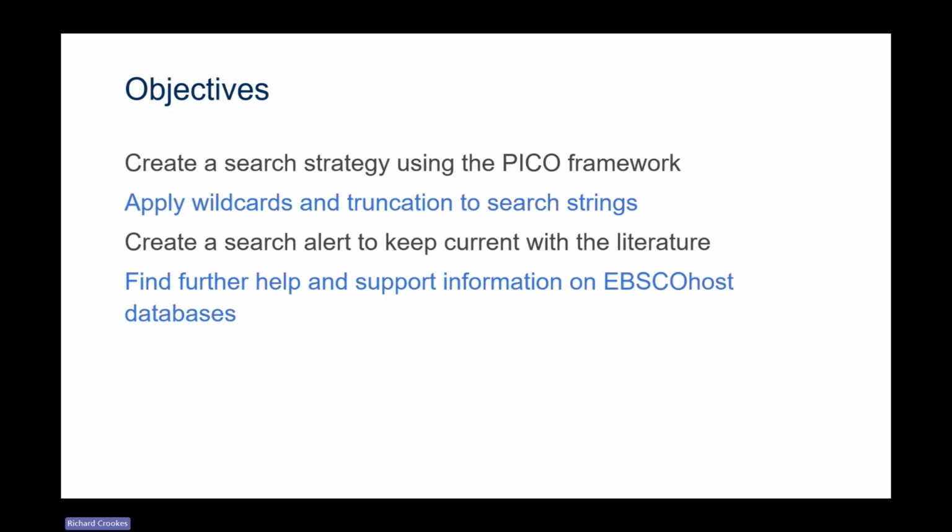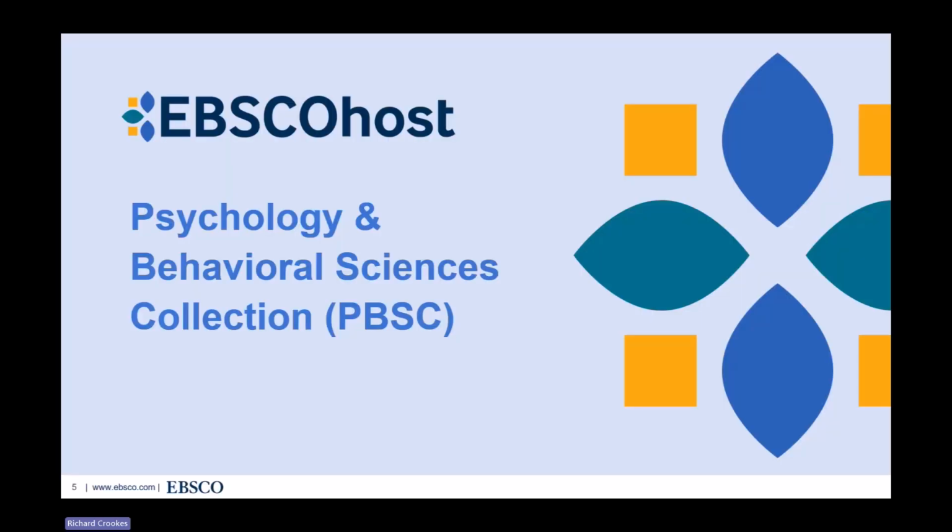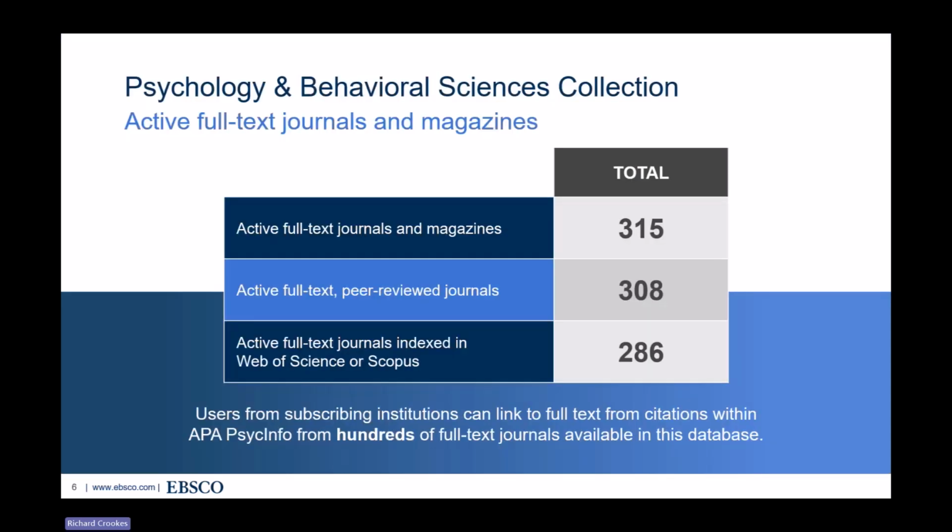So before we get into the search experience, I just want to give you an overview of this particular database. Some of you may not be familiar with it. Some of you have used it in the past, or recently, as it's been around for some time now. Essentially, it provides active full-text journals and magazines in psychology and behavioral sciences literature, and you can see you've got 315 titles there, and the majority of those are also peer-reviewed.